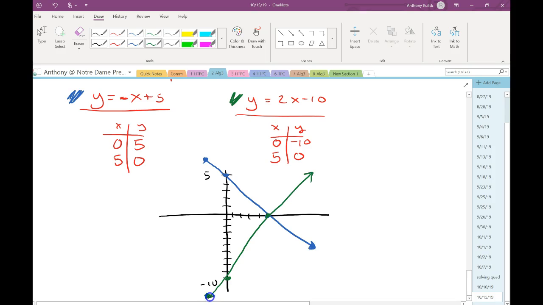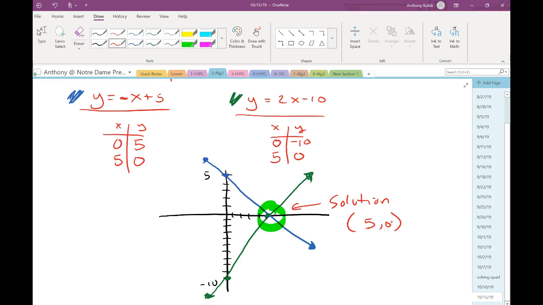So there's my second equation. So here's my solution that I can see is at 5, 0. Is everybody okay with that idea?